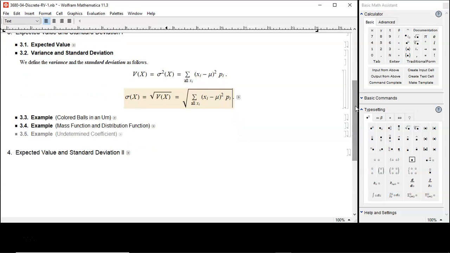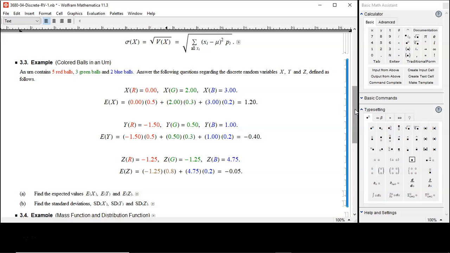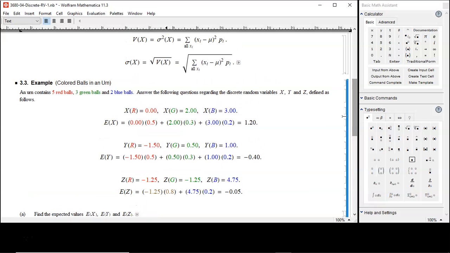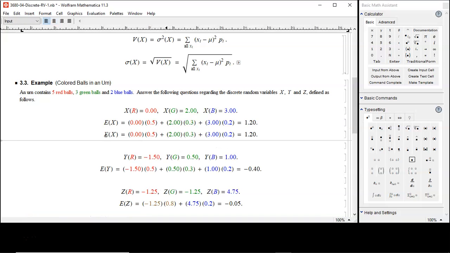Well, so much for theory, and let's do some computation, and it's not too bad. It's rather easy actually. Let's calculate the variance here. So the probabilities are 0.5, 0.3, 0.2 respectively. Those are the same.